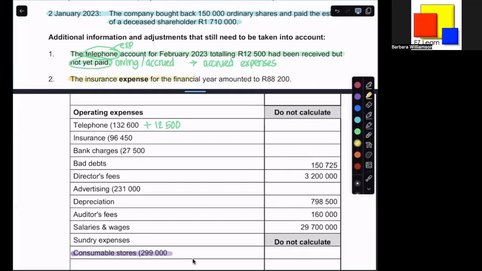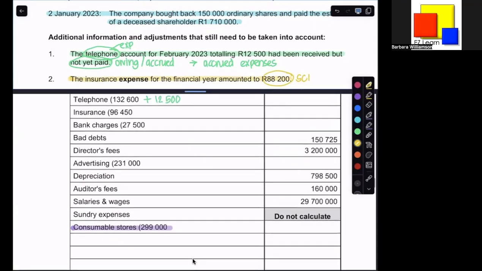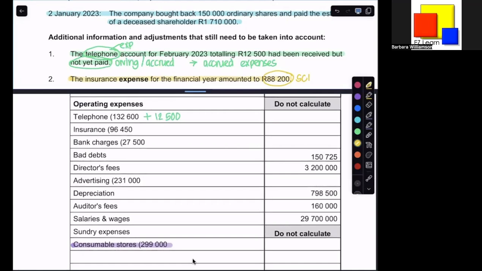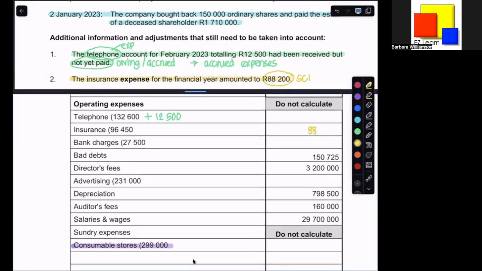The insurance expense for the financial year amounted to 88,200. That means that that is the actual amount that needs to go into the statement of comprehensive income. If we go and look at the insurance, we can see that there's already an amount of 96,450 that's been given. We can ignore that and put 88,200 here.